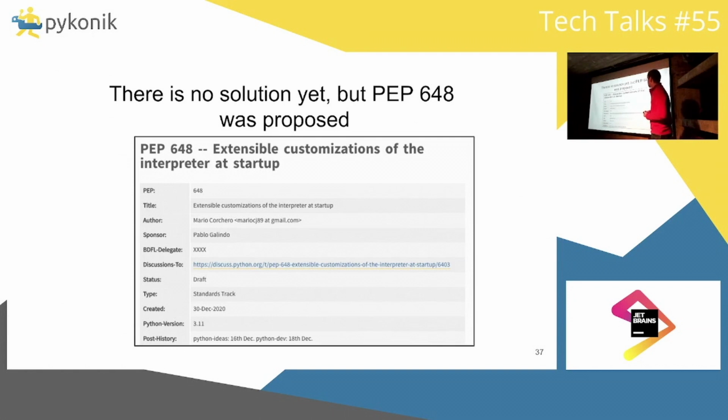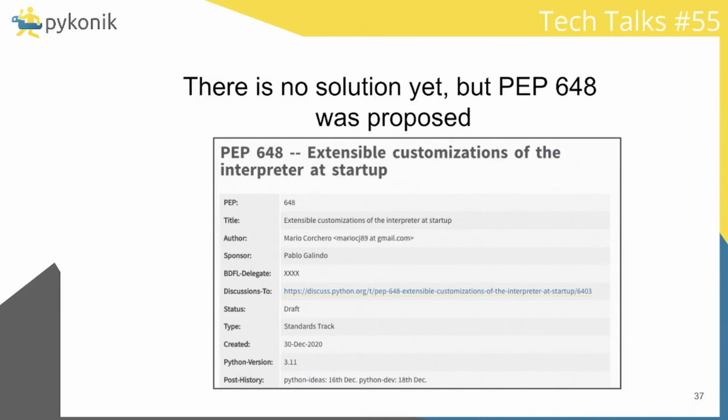There's this PEP 648, but it's still a draft, and it says extensible customizations of the interpreter at startup. It basically wants to dump the PTH files and do something better. I don't really remember the details, so if you are interested, just go through it. The idea is to add it to Python 3.11. No idea if that will happen. Let's see.